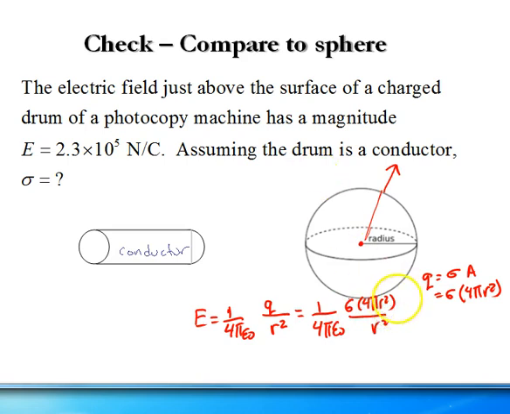So our squareds cancel, our 4 pi's cancel, and that's just equal to sigma over epsilon naught. So what we found with Gauss's law, our electric field is equal to sigma over epsilon naught. That's also equal to K Q over R squared right at the surface of the conductor for the sphere. That's all for this video.